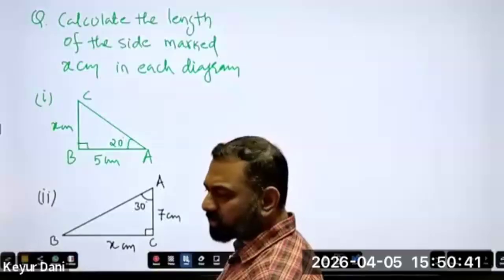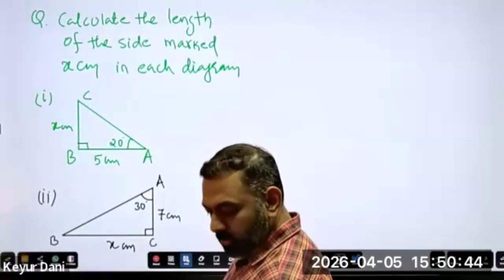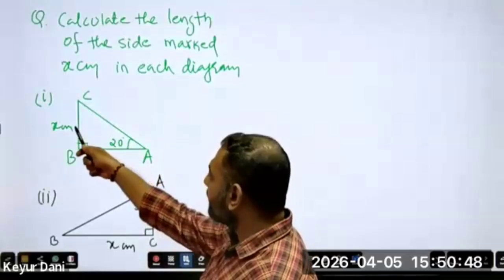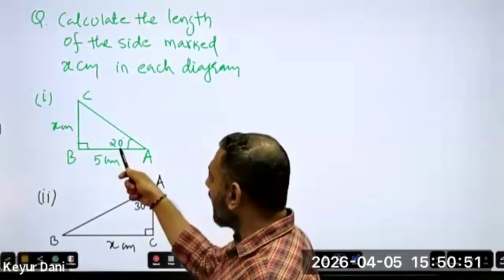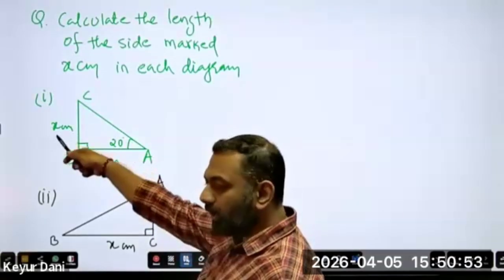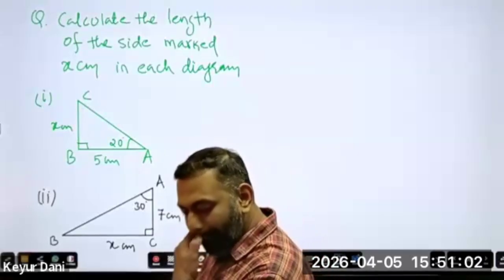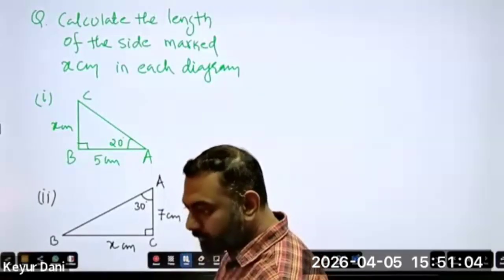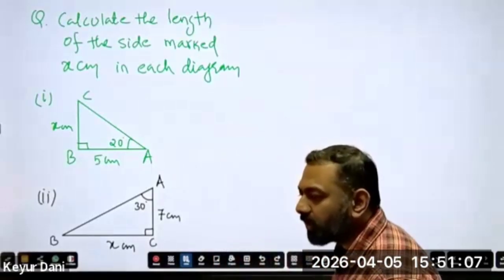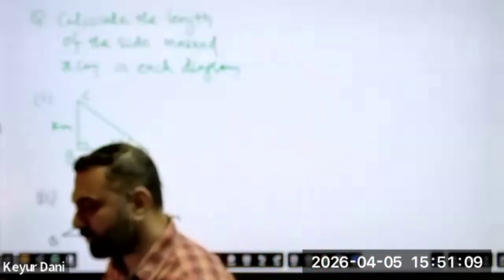For the first one, should we use cos? Why cos? Because we have to find the opposite side, and for this 20 degrees, the opposite side is x centimeter, adjacent side is 5 centimeter. So what we need is opposite by adjacent. Again, tan, correct. Sine and cos will come only when you know the hypotenuse.